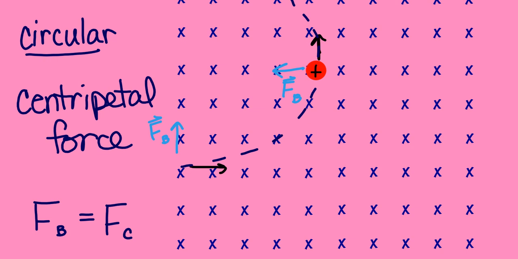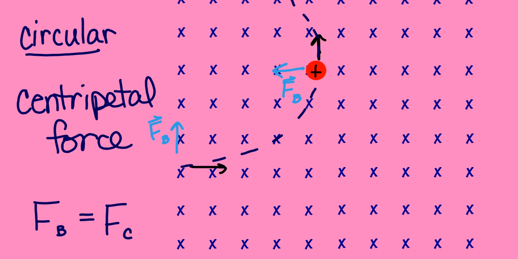For example, if we plug in the equation that we've learned for magnetic force into this equation, as well as the equation for centripetal force, the fact that centripetal force is equal to mass times centripetal acceleration, or mass times velocity squared over radius, that can help us find the radius of the path of this particle.